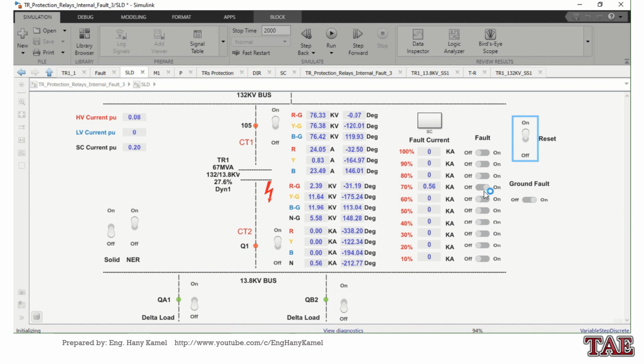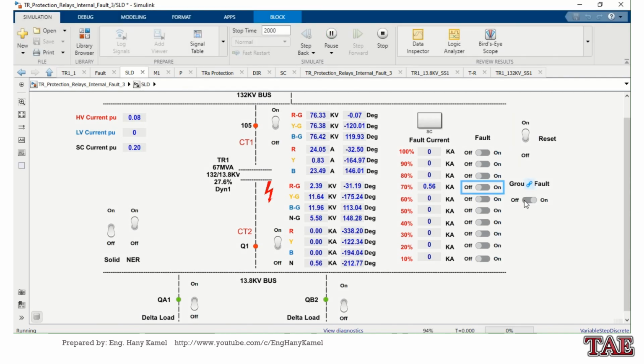For example, if we make first 10%, it gives 80 amperes, so around 3% from the rated current of low voltage side.